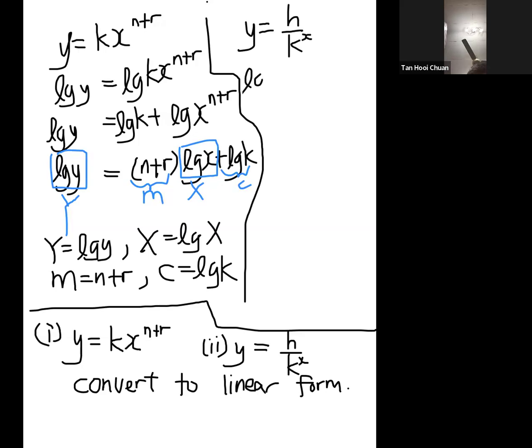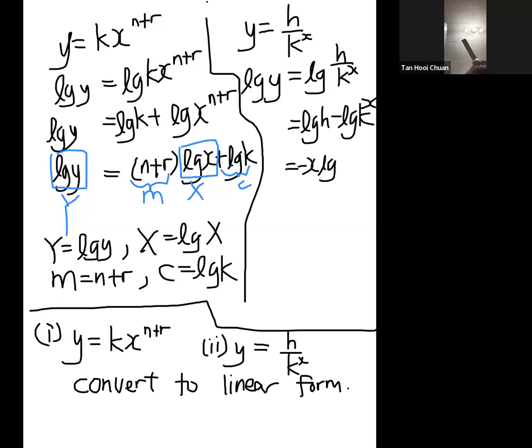So this one, you LG the left, LG the right. So LG, here's minus LG, K power X. Oh, so the power X you can bring in front, minus this LGK plus LGH. Now, let me write down properly.